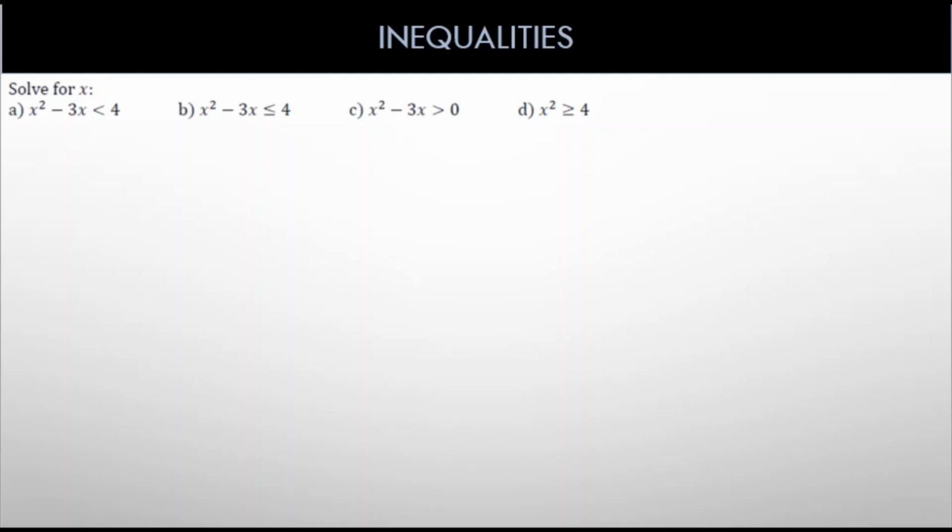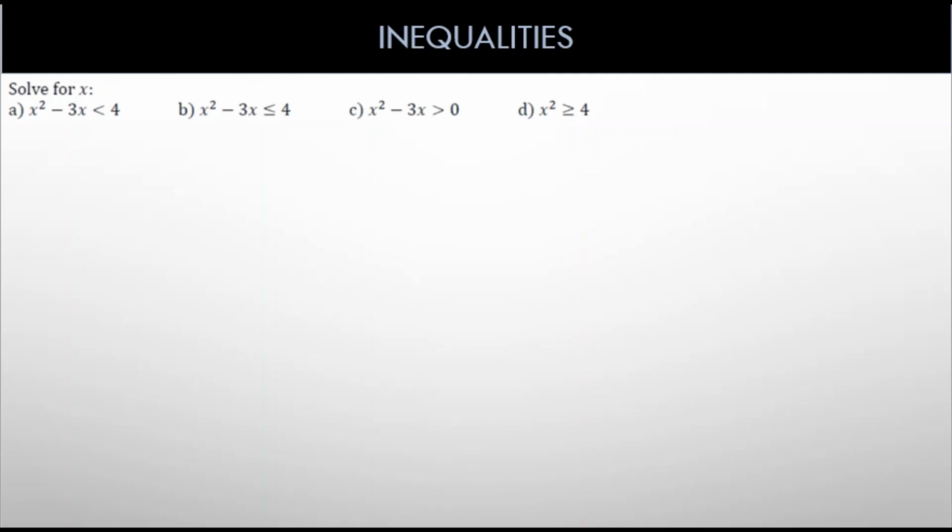But now things are slightly different here, because you have to sketch or draw a diagram for your values, and you have to come up with an inequality as an answer.